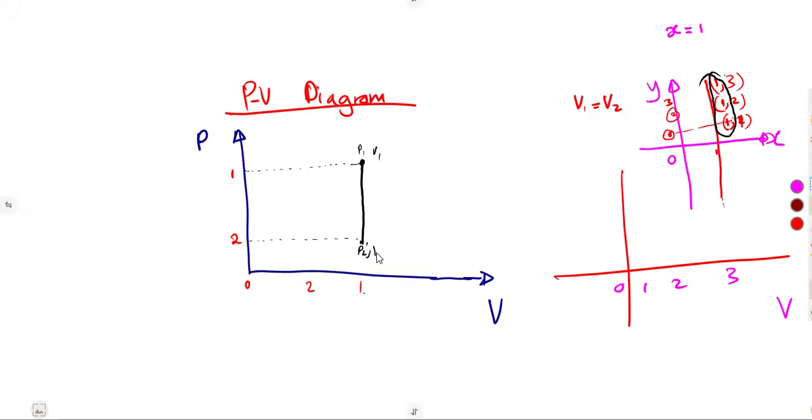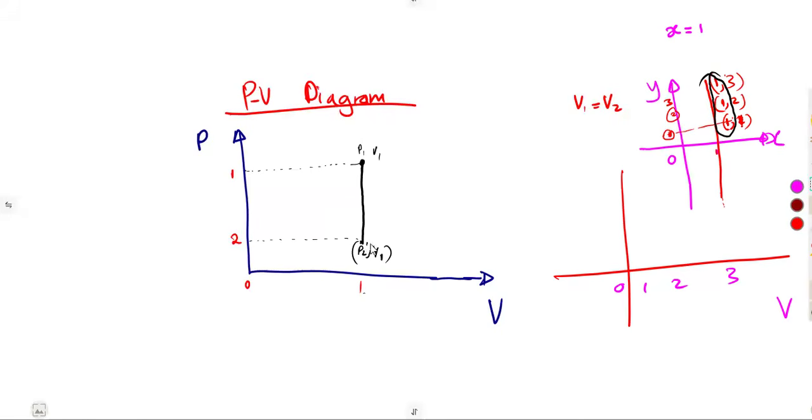It was supposed to be V2, but V2, remember, is equal to V1. So it is going to go back to V1. It did not change. That is the condition when I'm saying it is constant V1 here. The volume did not change. It was supposed to be P2, V2, but it cannot be like that.